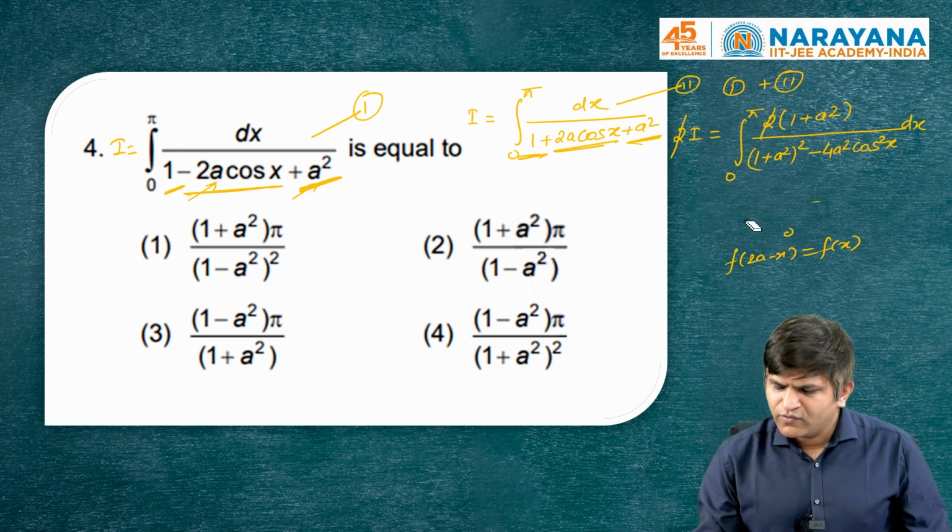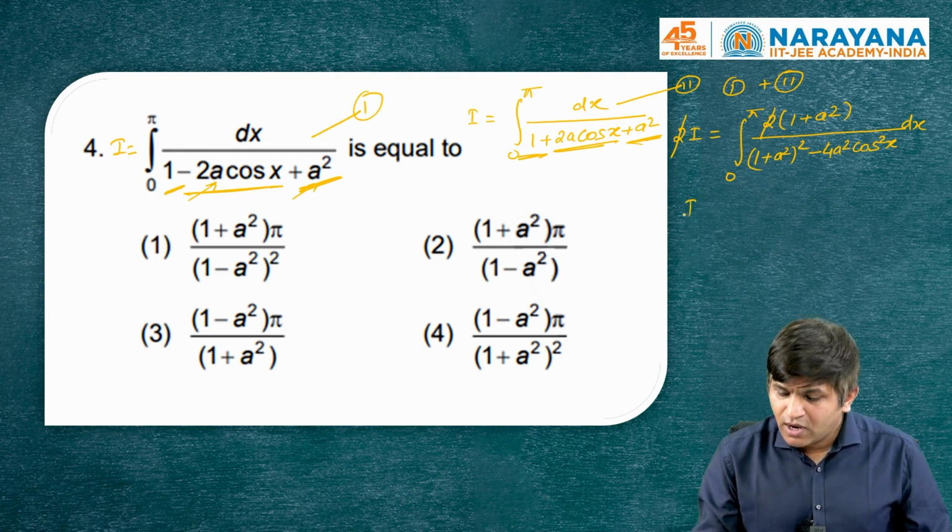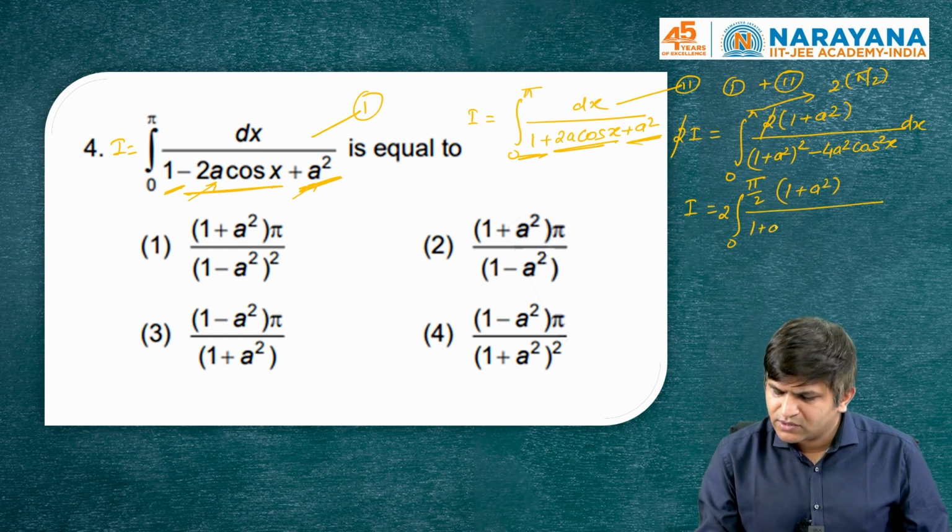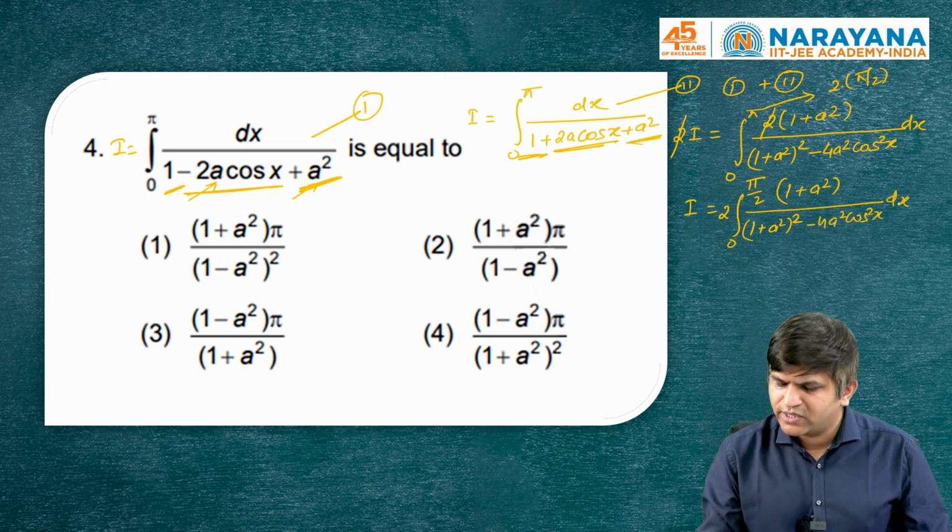So now we can write this as I equal to integral 0 to pi by 2. We can write this pi as 2 into pi by 2, right? So we can write this as 2 times integral 0 to pi by 2, 1 plus a square divided by 1 plus a square whole square minus 4a square cos square x dx.